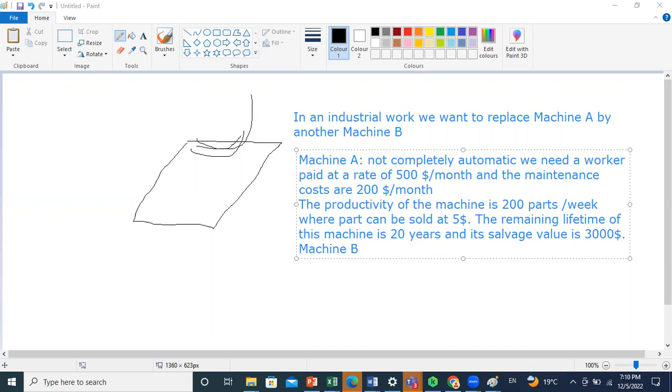Now, for machine B, we don't need a worker, so it's automatic. The maintenance costs are $100 per month.